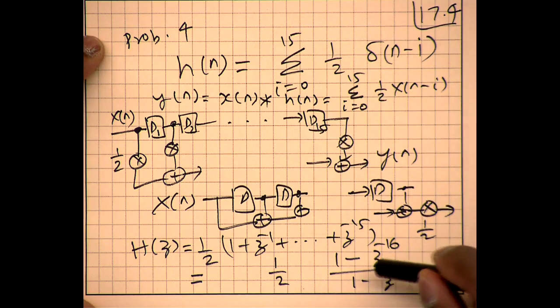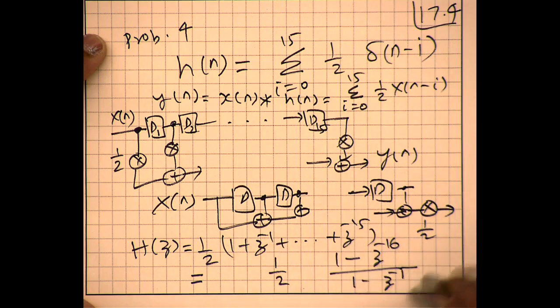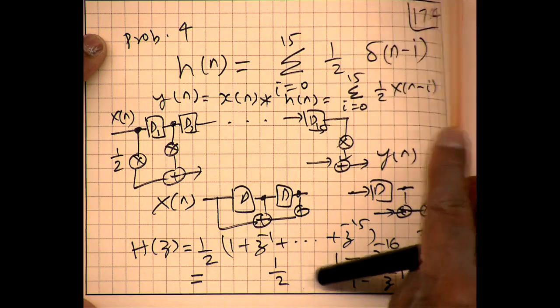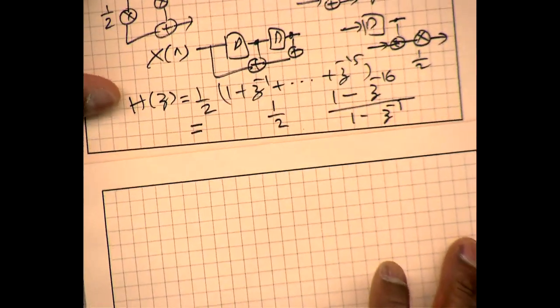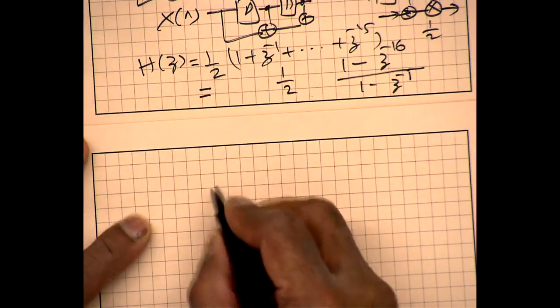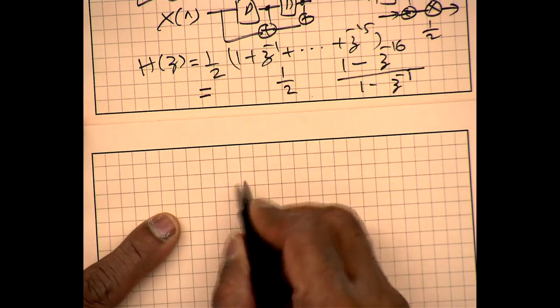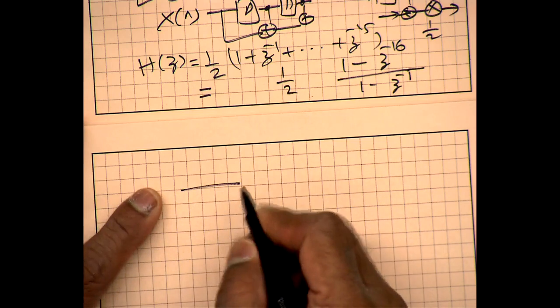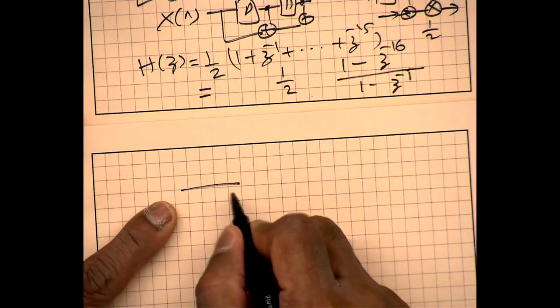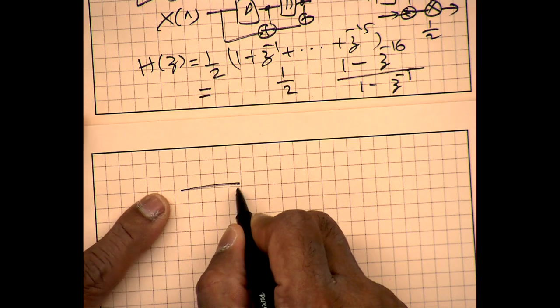But a lot of times FIR filters can be represented as an IIR filter. So when you see this kind of block diagram, 1 minus z to the power minus 1, so if I take this, okay, let's see here.